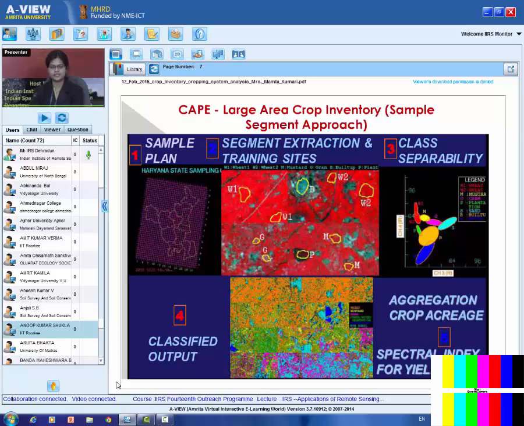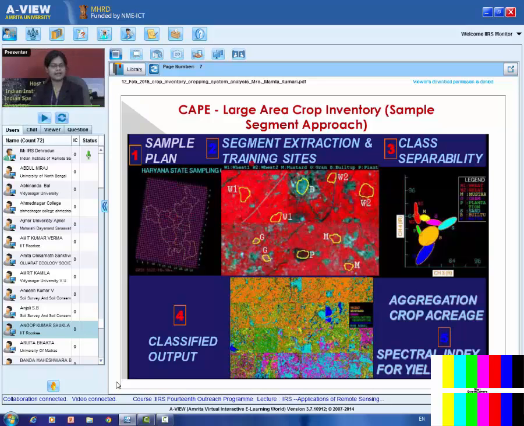So homogeneous segments are formed on the basis of some user-defined thresholds. And after forming those segments, those segments are compared with the training size. After that, Gaussian or maximum likelihood classifier are used.